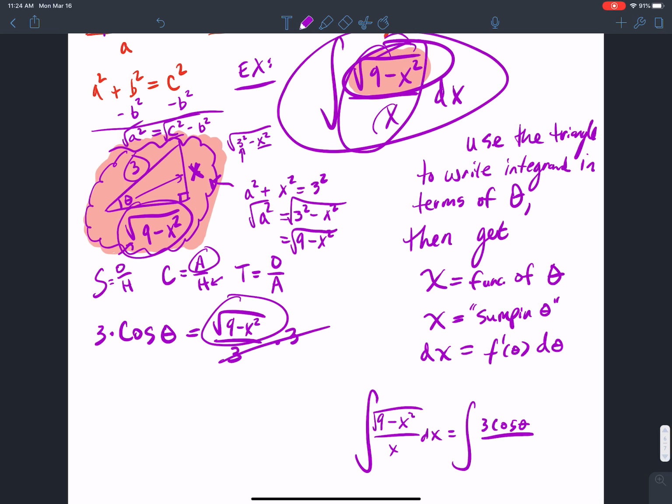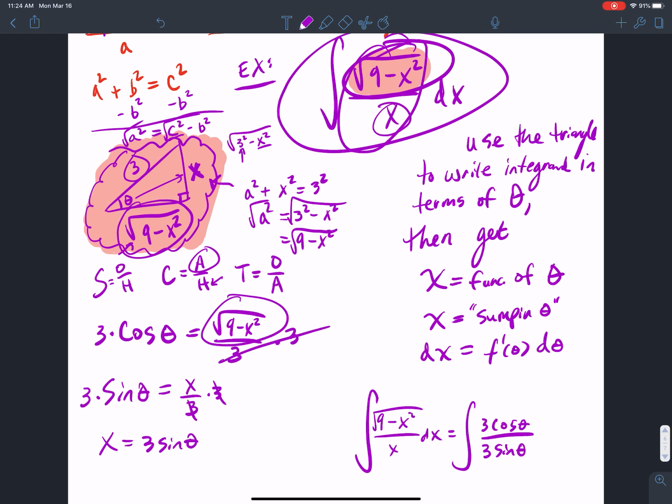So x, that's sine theta, which is x over 3. So that's 3 multiplied on both sides. So x equals 3 sine theta. So I'll replace x with 3 sine theta, which gets us our cotangent that I was talking about.